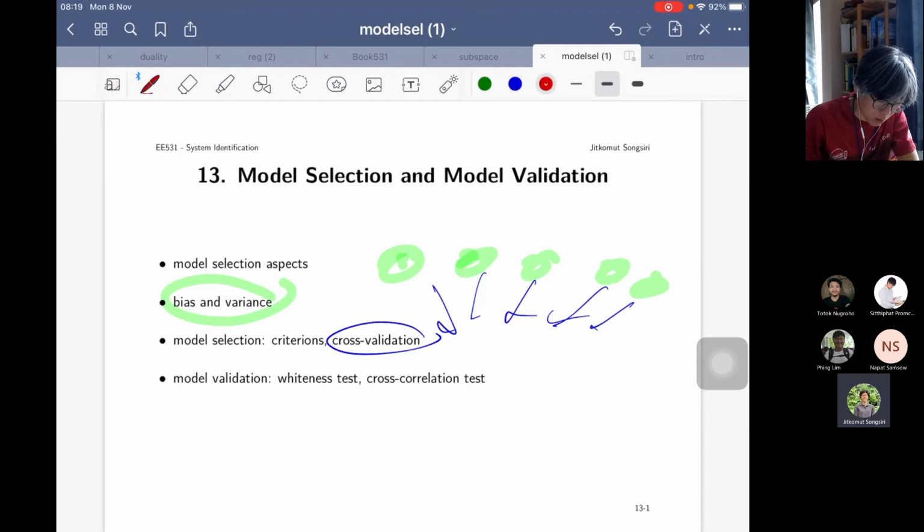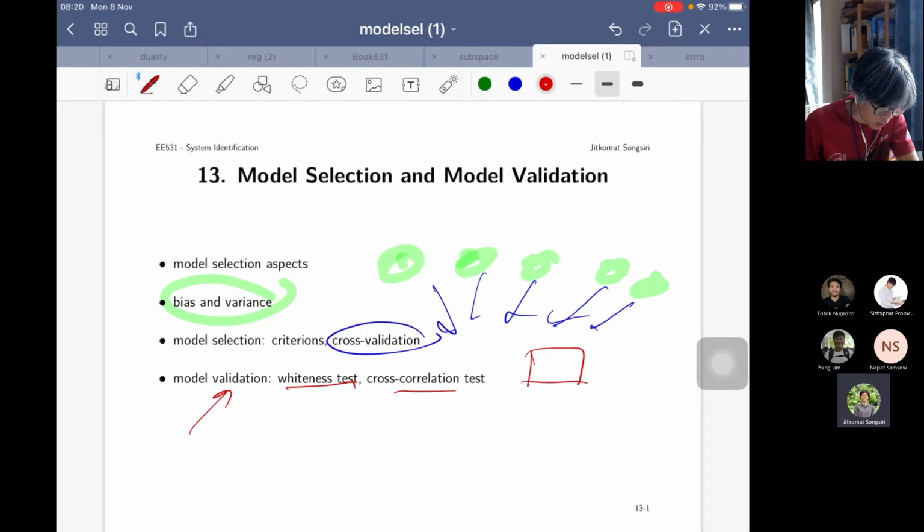After you pick a model according to that criterion, the very last step is to perform model validation, to check how the model performs on the unseen data set. This is to test the residual error from the model and to check the cross correlation between the residual and the input. This is called the white test and cross correlation test.